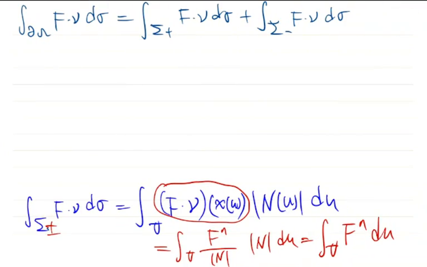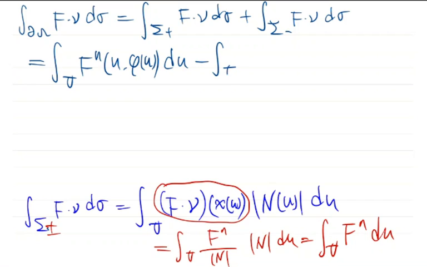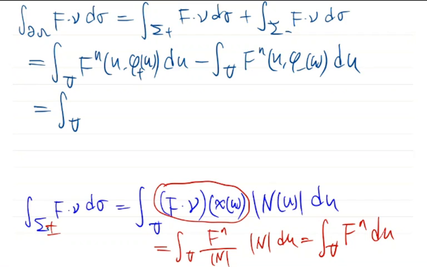So at this step we have the integral of Fn at phi plus u, du, minus the integral of Fn at phi minus u, du. And this can be written as the integral of du of Fn at phi plus u minus Fn at phi minus u.